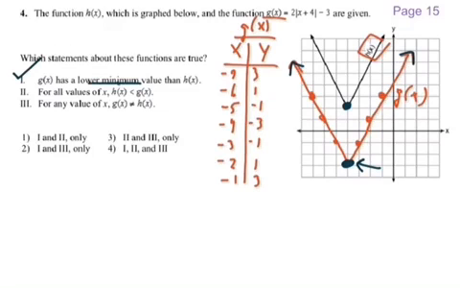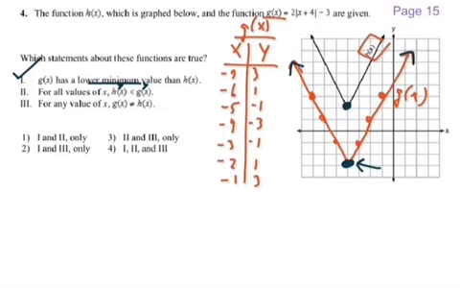Now, this is referring to your y values. So this is saying that all of my y values for h of x, which would be up here, are lower than that of g of x, which is here. So that would not be true because for g of x, the points are clearly lower.